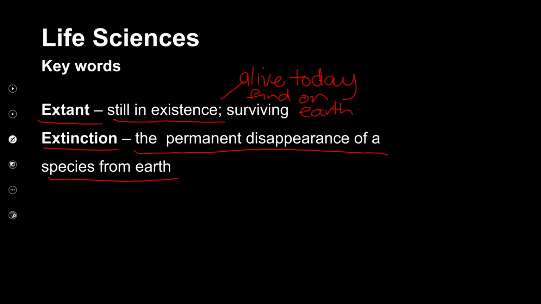Extinction means the permanent disappearance of species from the earth. For example, the dinosaurs. We no longer have dinosaurs, but what we do find in the fossil record is evidence that they did exist.